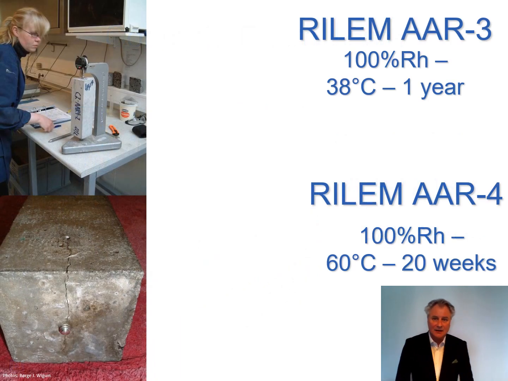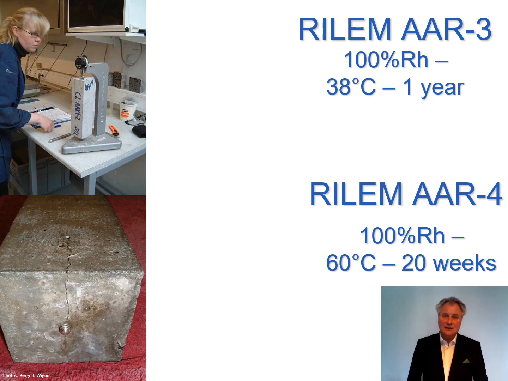And you have the RILEM AAR-3 method, where you are storing those prisms at 38 degrees for 1 year, or you have an even more accelerated version, the RILEM AAR-4, where you're storing them at 60 degrees, and you could measure the expansion after 20 weeks.